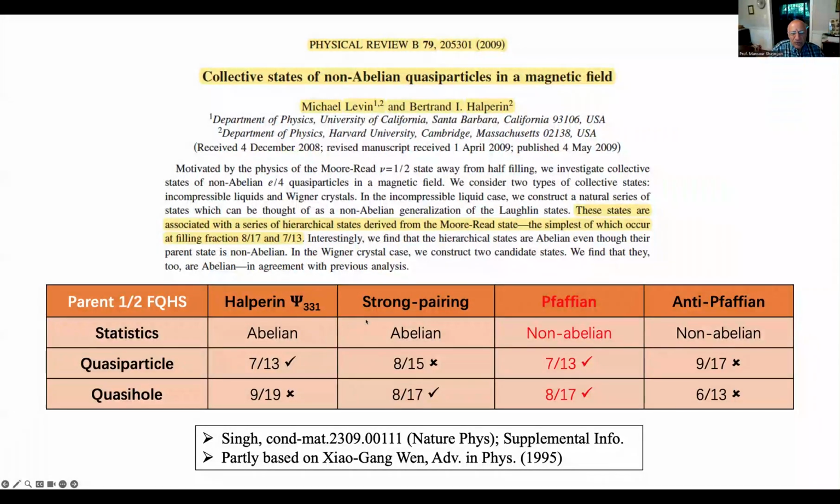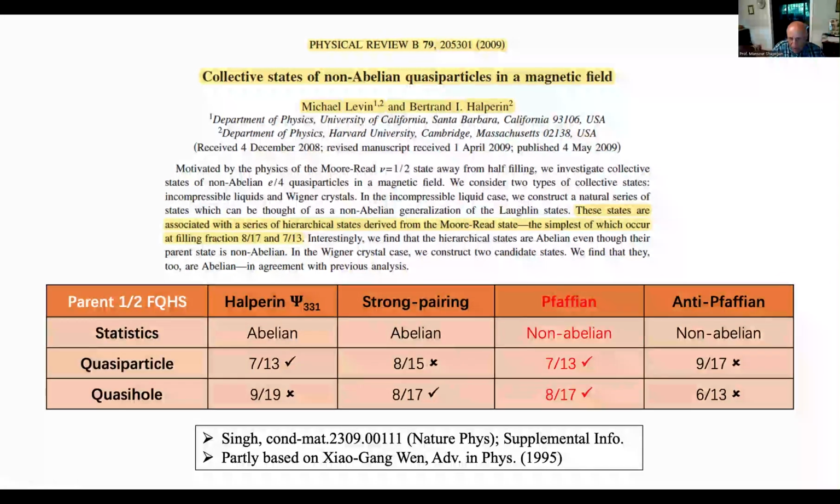So just to put it in a broader perspective, at 1/2 you could have different states. The Pfaffian has these daughter states, 8/17ths and 7/13ths. But the two-component state, which is Abelian, or strong pairing, have different pairs of daughter states. So as you saw, what we see matches exactly what this prediction was.